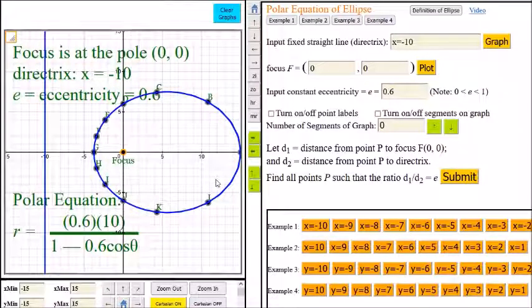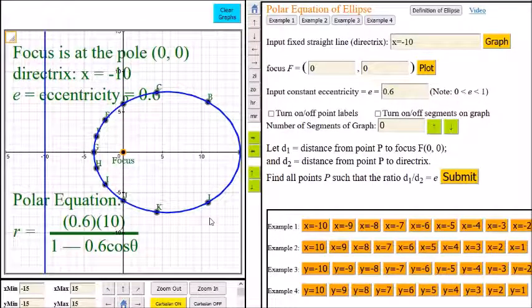And the equation for this ellipse would be 0.6 times 10 for the directrix, over 1 minus eccentricity times cosine of theta.